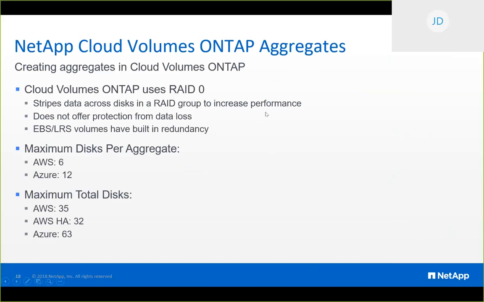So we're not as concerned about data protection for these volumes, and we're just trying to increase performance using RAID 0. So be aware of that. Also, and we'll get into this again in the next section, but here are the maximum disks per aggregate. AWS 6, Azure 12, and here's the maximum total disk that you can have for a node.